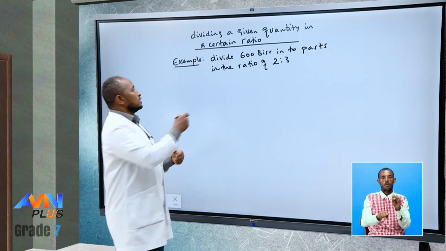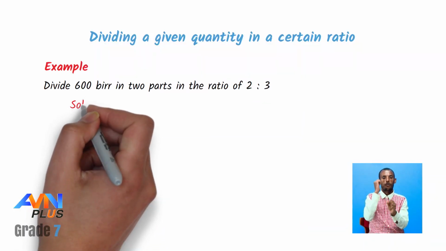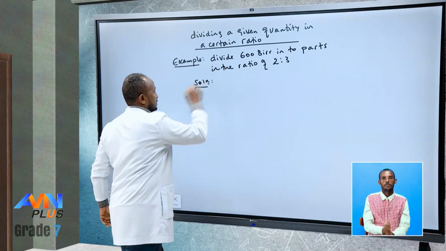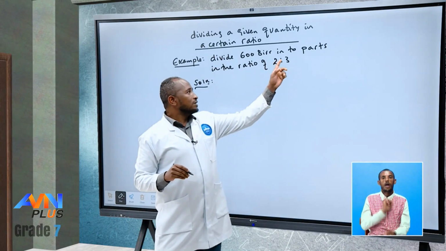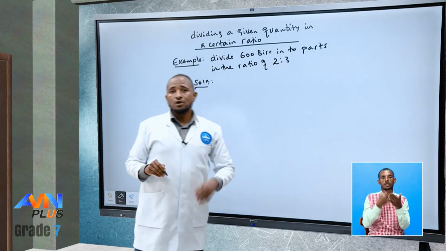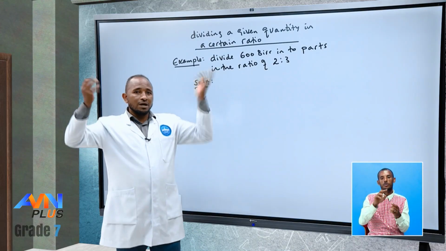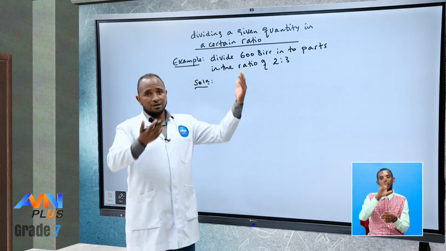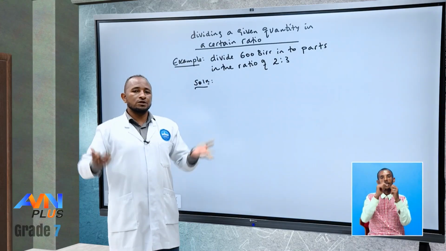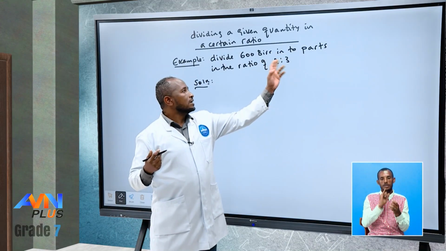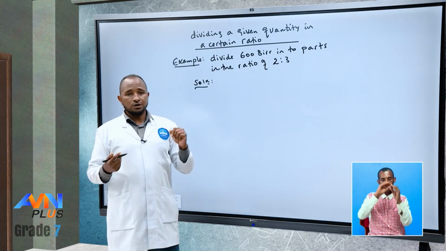To find that, I have to multiply these two numbers, 2 and 3, by a certain constant to get the original numbers, since this is the lowest term.